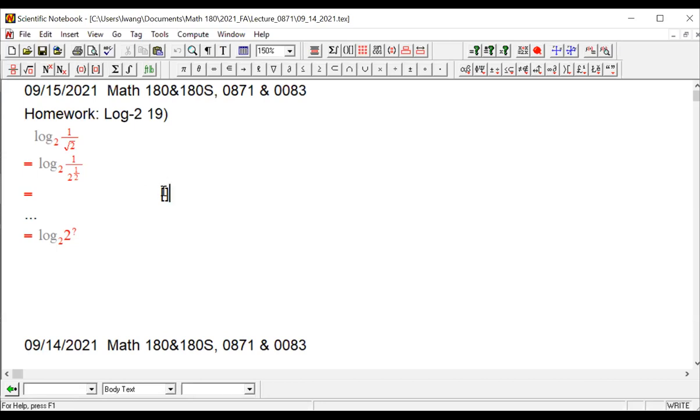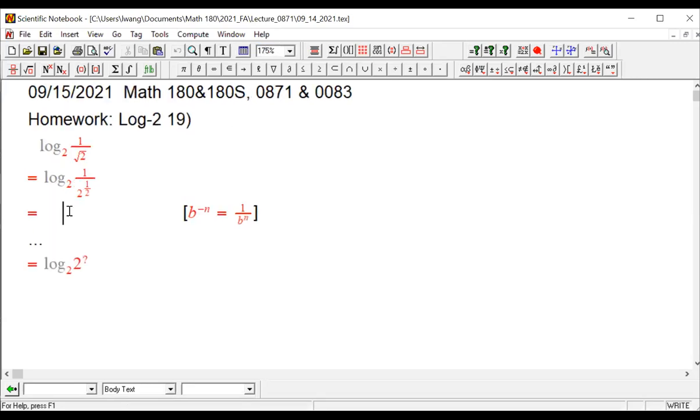We have a definition, really: 2 to the negative n is equal to 1 over 2 to the power of n. Let me make the font larger. So now you should get log base 2 of 2 to the power of negative half.